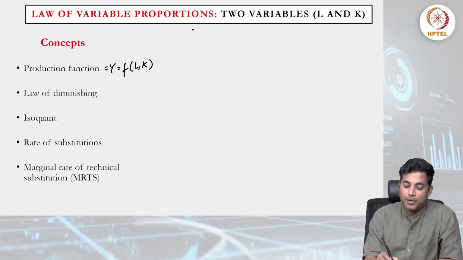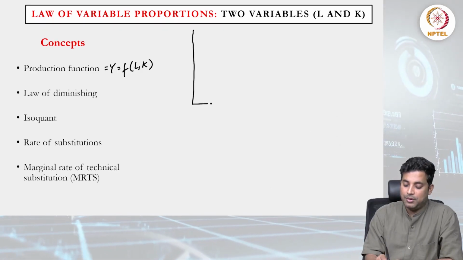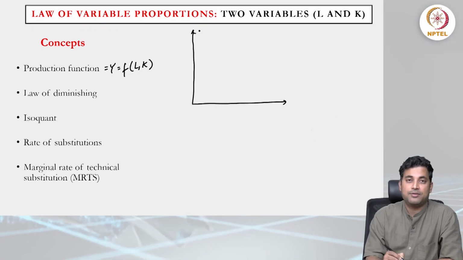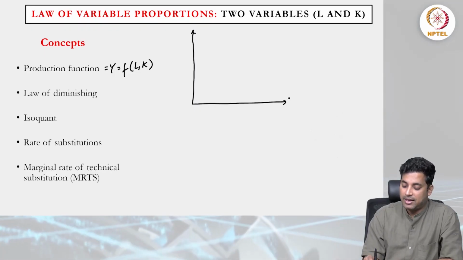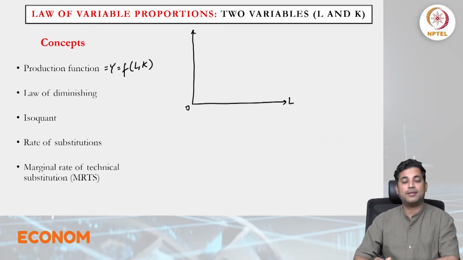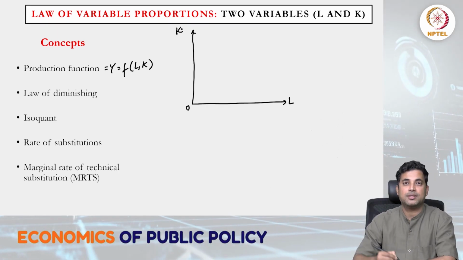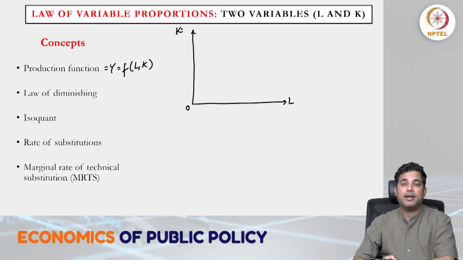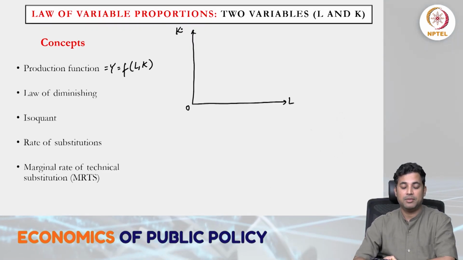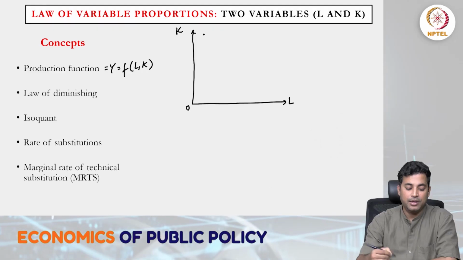Suppose we illustrate with the help of a graphical representation: on the horizontal axis we consider labor, and on the vertical axis we consider capital, and L and K are both variable.